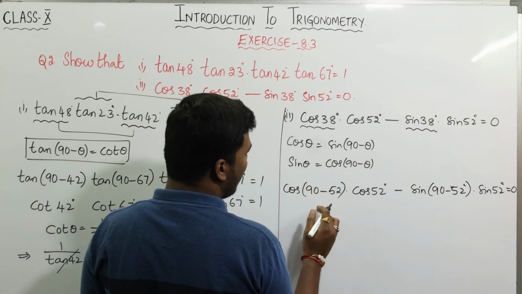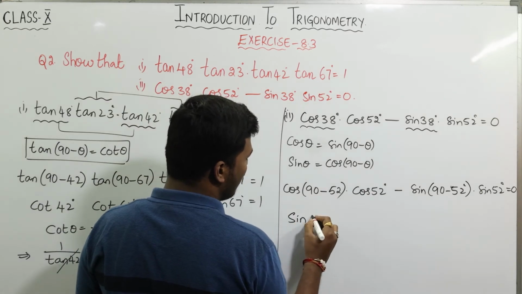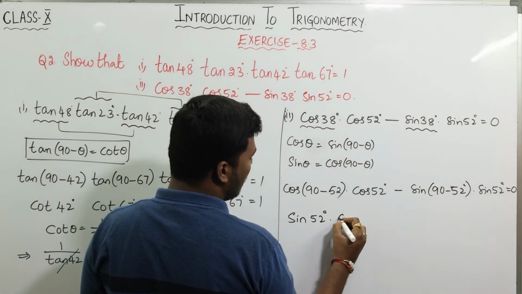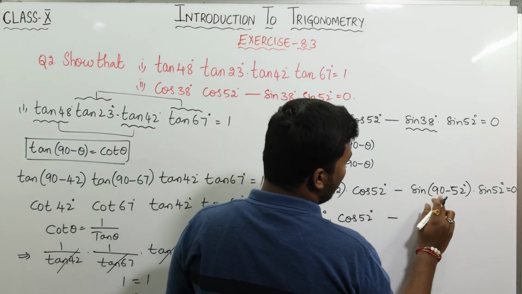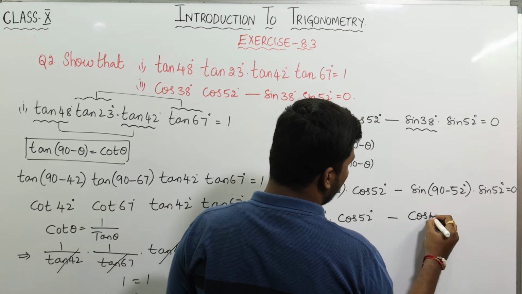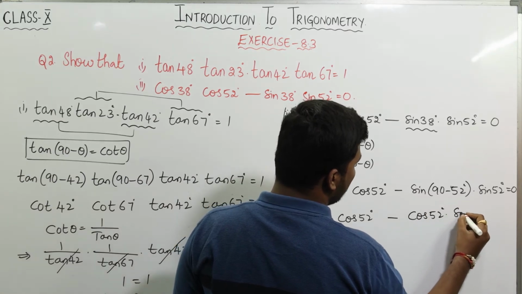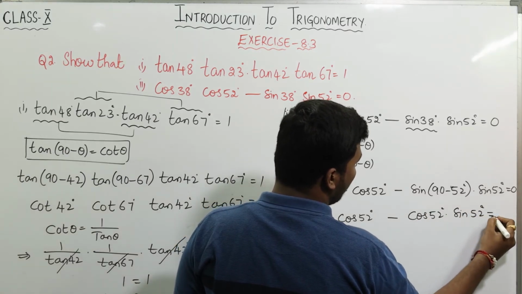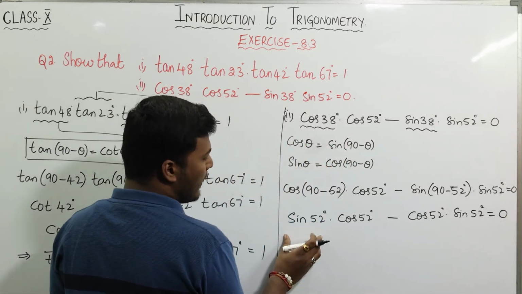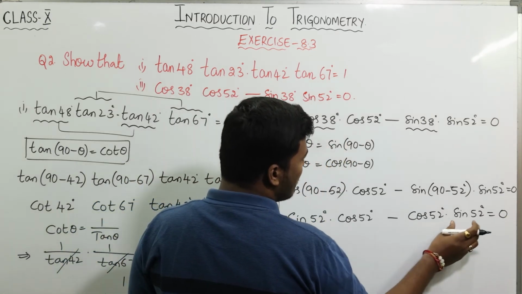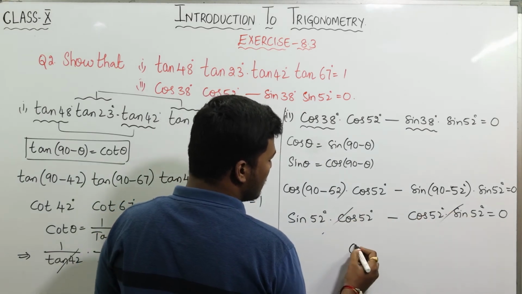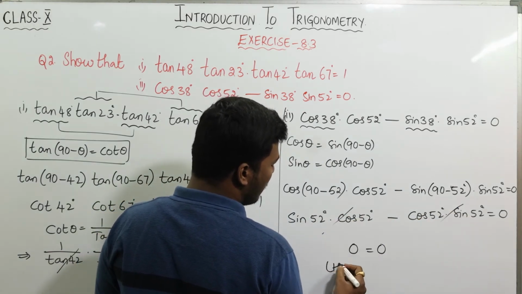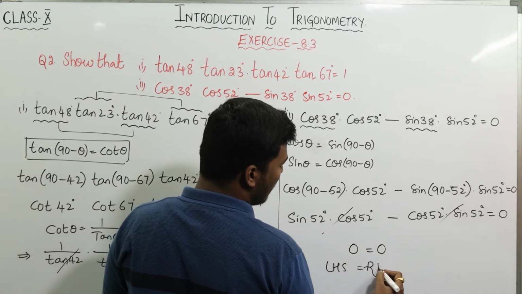Now cos(90 minus theta) is nothing but sin theta. Then this will become sin 52 degrees into cos 52 degrees minus, sin(90 minus theta) is nothing but cos 52 degrees into sin 52 degrees, which is equal to 0. So now I have sin 52 cos 52, sin 52 cos 52. In between is minus, so both the terms get cancelled. 0 is equal to 0. Therefore, LHS is equal to RHS.